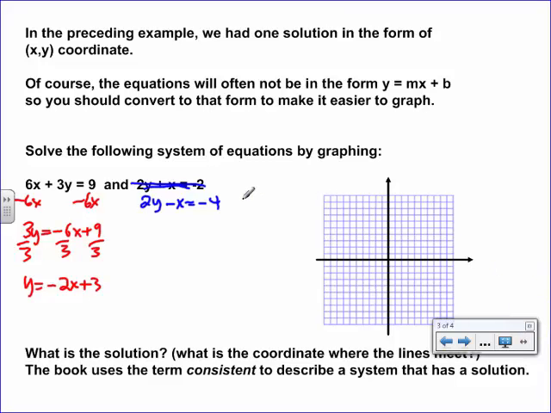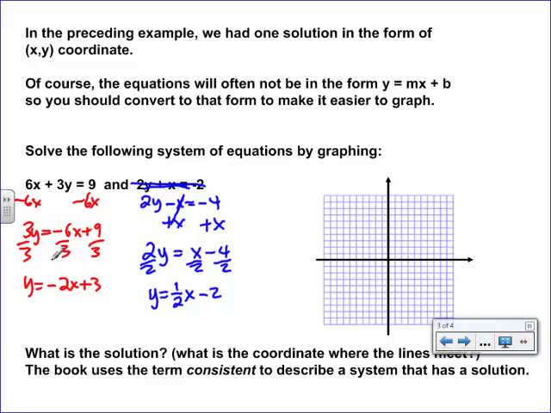Okay, our second equation, and hopefully you noted the change, is 2y minus x equals -4. We'll put this into slope-intercept form, add x, divide by 2, and you have y equals, and hopefully you realize that x over 2 is the same as 1/2 x minus 2.